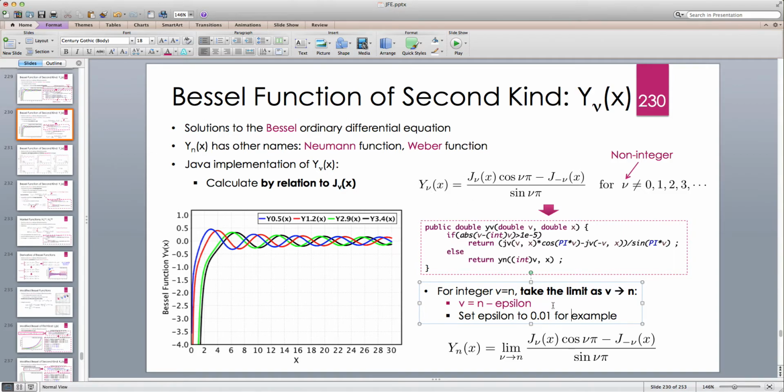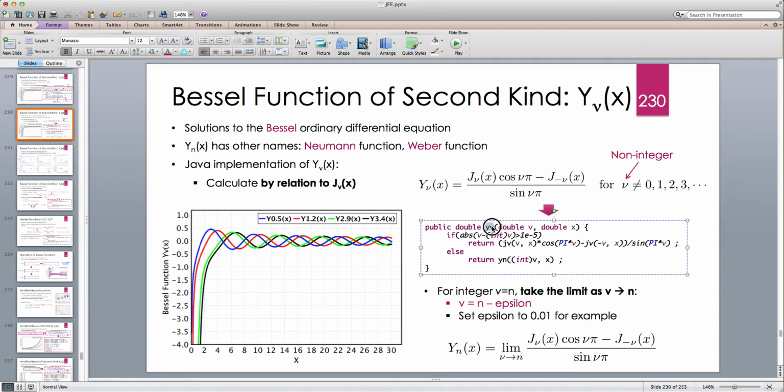And now nu is not an integer anymore, so I can just put it here, all right? And again, we go through all this trouble of this definition, because if nu is an integer, J nu and J minus nu are not linearly independent. But Y nu and J nu are always linearly independent, whether or not nu is an integer, okay?